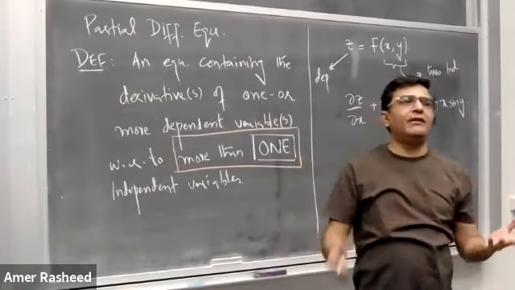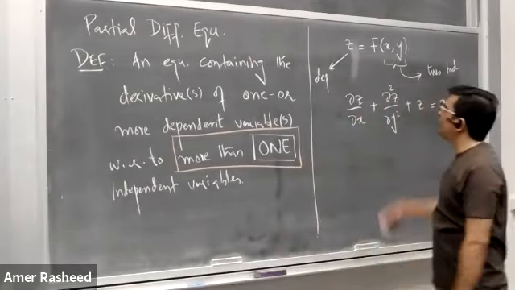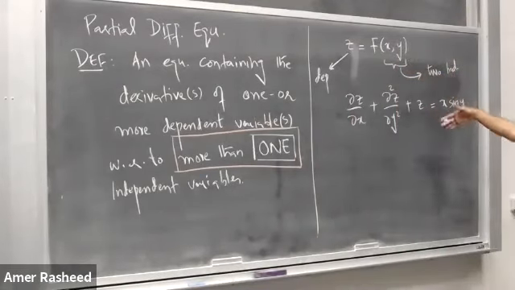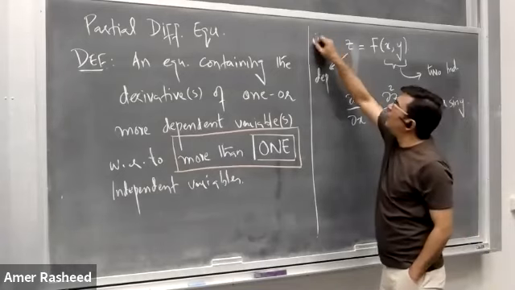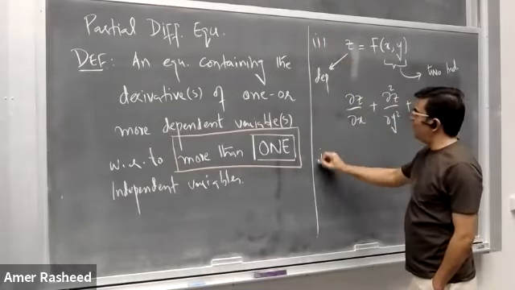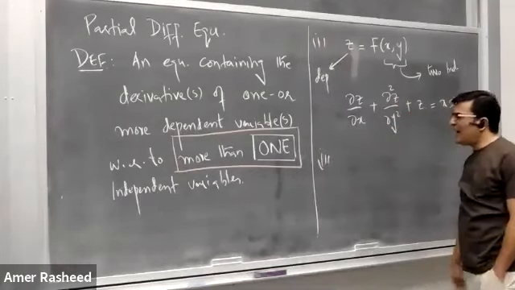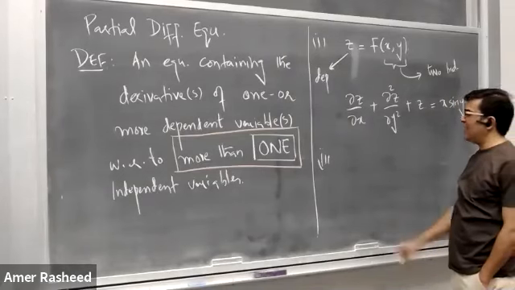If there are two independent variables, of course, we can take the partial derivatives of the given function. So this is the first example in which we have one dependent and two independent variables. We can have more than one dependent variable as well.